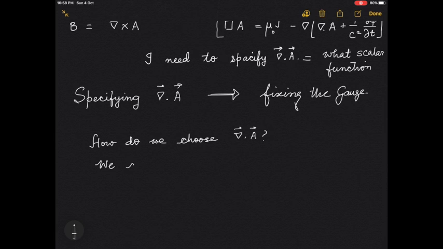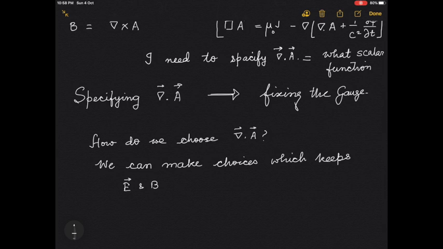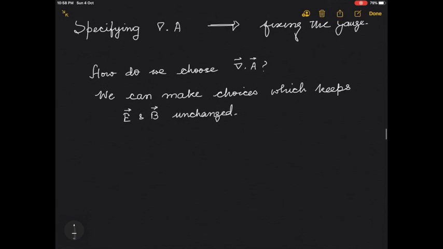So we need choices which keeps E and B unchanged. What do I mean? I mean that, say A is changed to A prime.